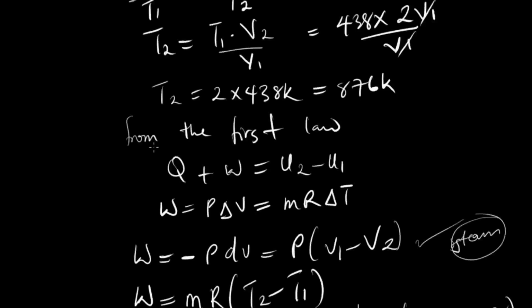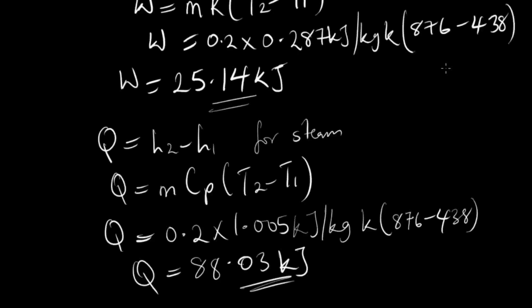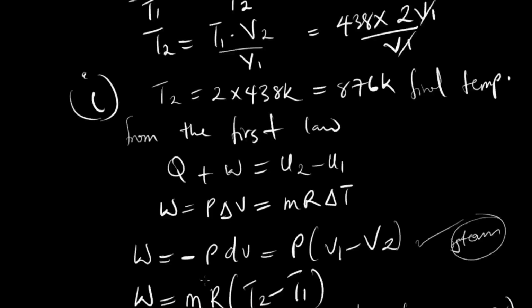So we have gotten our final temperature T2. You can come here and say 1, the final temperature, then our work done, which was the second question, then finally our heat, which is the third question.